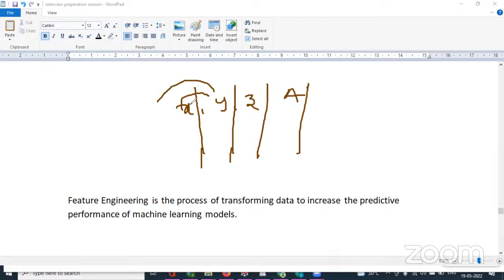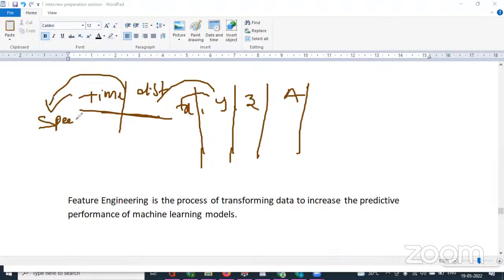Let's say, like I explained in the previous session, we have time and distance as inputs. From these two variables, we can extract one, naming speed.